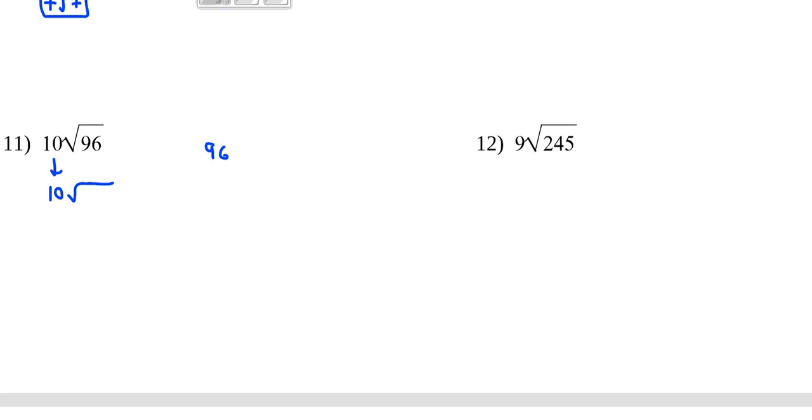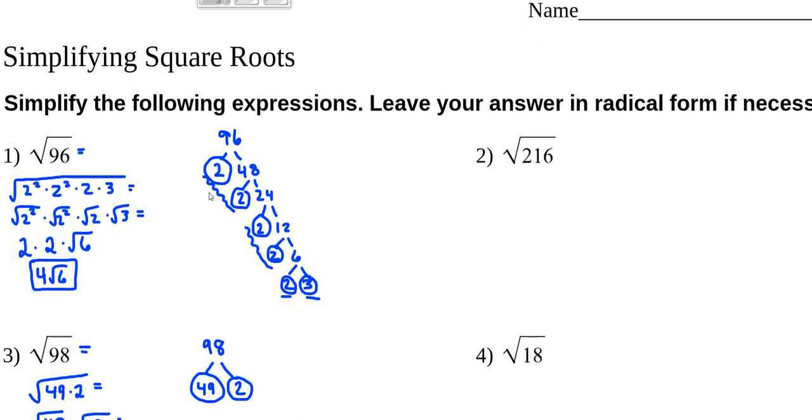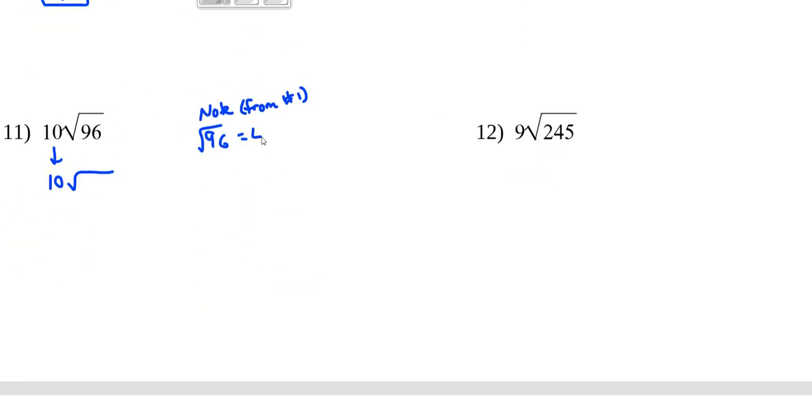The square root of 96 is 4 root 6. So instead of putting the square root of 96 here, I'm going to put 4 root 6, since this is multiplication. Well, now I just multiply 10 times 4, I get 40 root 6. So that one was kind of nice, using something that we've already done on the worksheet.